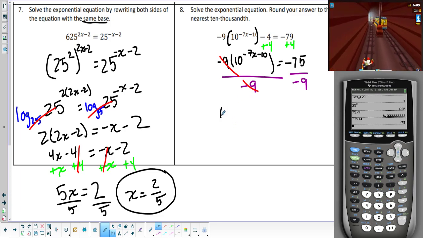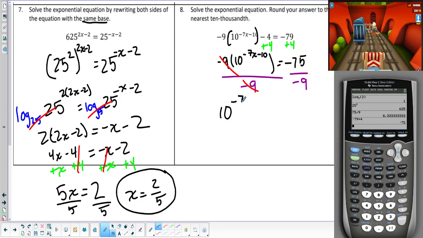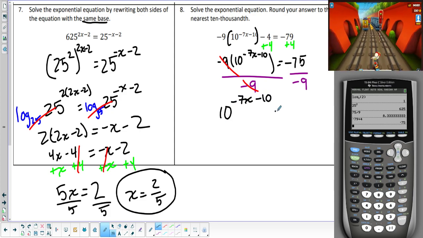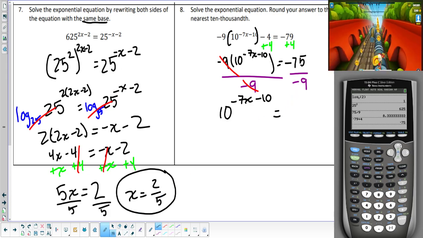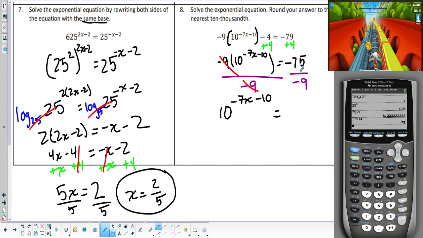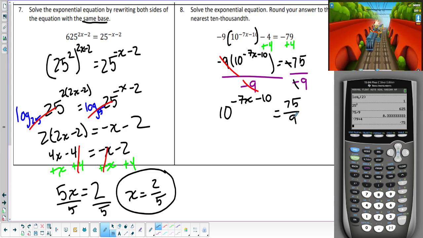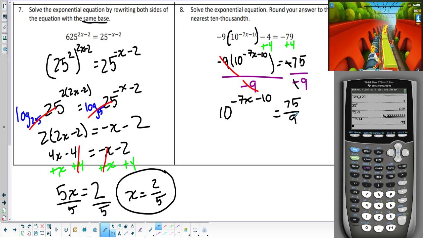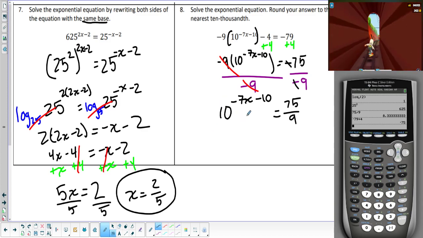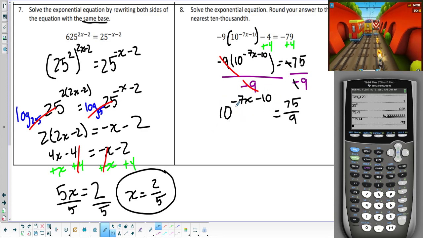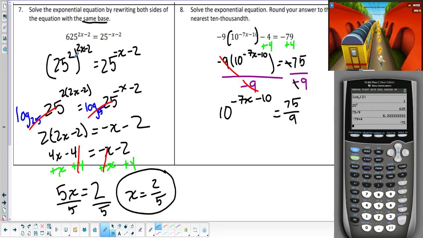Anyway, so those cancel, and I'm left with just 10 to the power of negative 7x minus 10 equals, can I reduce this fraction? I know the negatives are going to cancel, so I'll just say 75 over 9. All right, now we're at a point where I need to get x by itself, but the problem is it's stuck up here in an exponent. And the way to do it is the same as this.